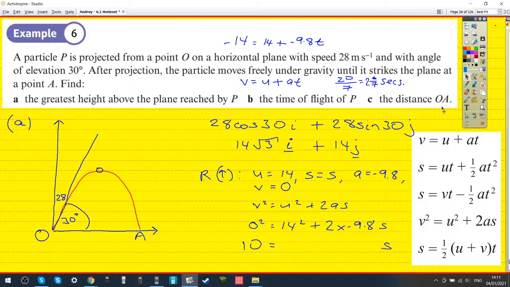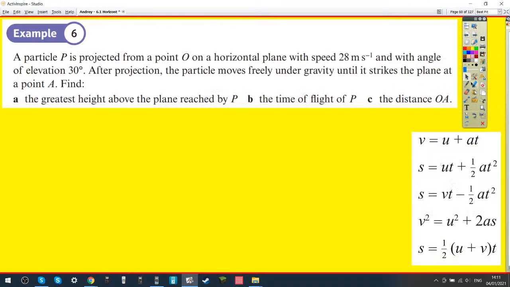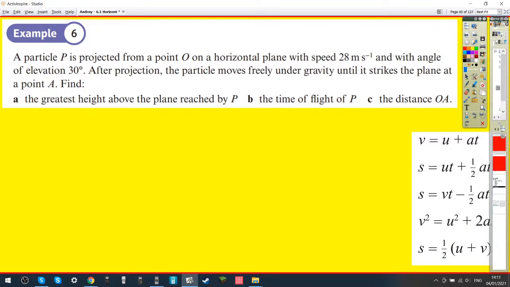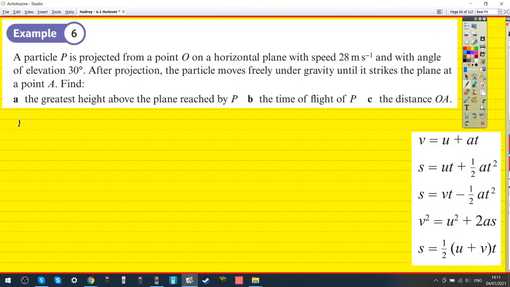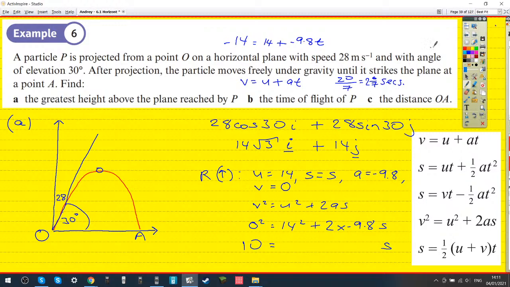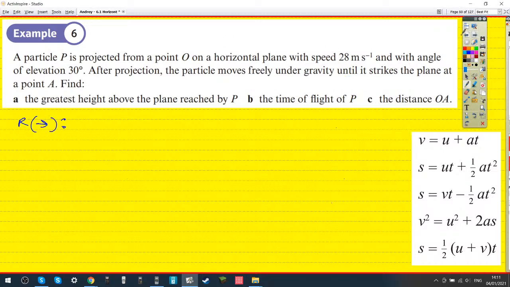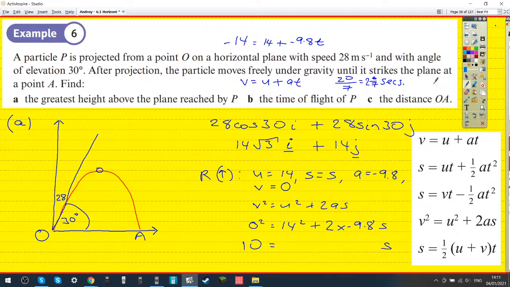So to get the distance away, do I need to do it like R is horizontal and stuff? Yep. And so would that be U is 28? Yeah. No. Oh, U is 14. Sorry. So you said resolving horizontally.